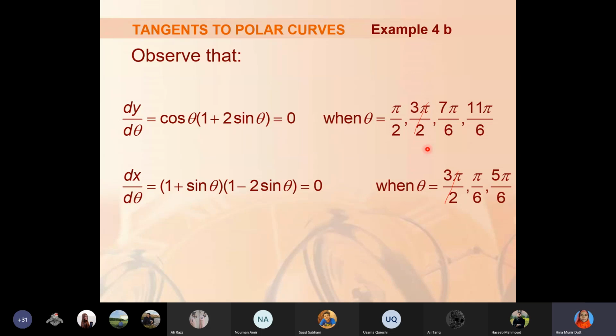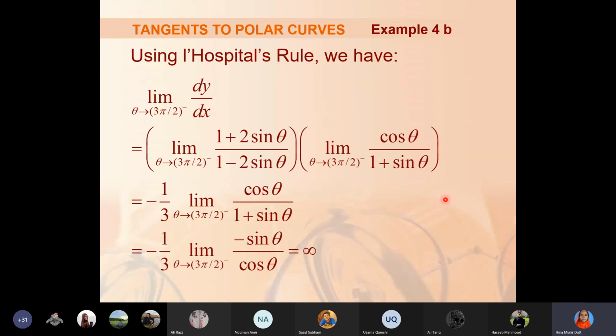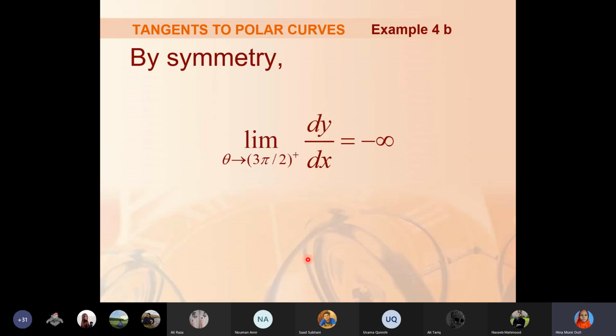So it means I have dy over dx in 0 over 0 form. For this case, I will find the limiting value of dy by dx when theta approaches 3 pi by 2, both the left hand limit and the right hand limit. Just evaluate the limit by using L'Hopital's rule if applicable, and after applying you will get infinity for the left hand limit, and for the right hand limit you will get minus infinity.